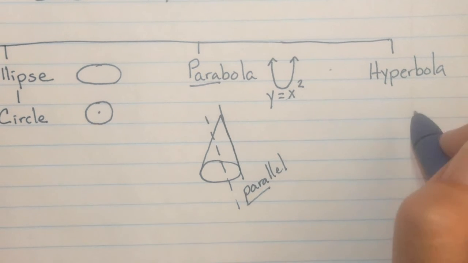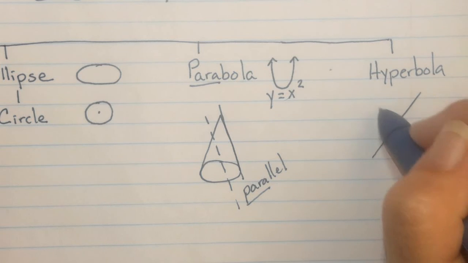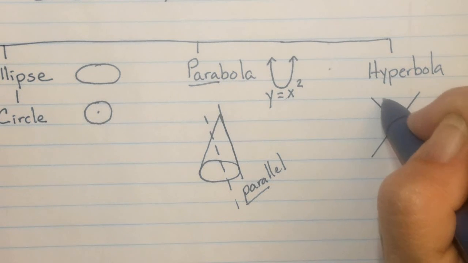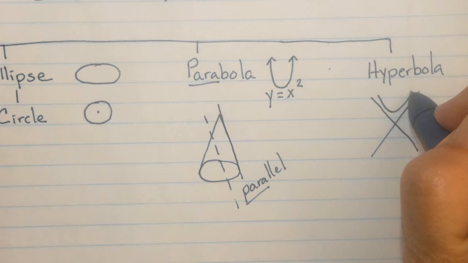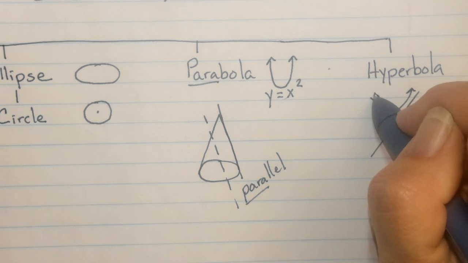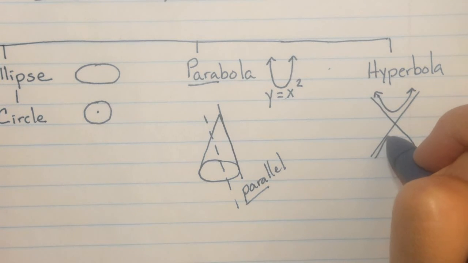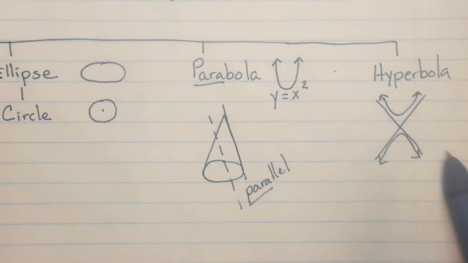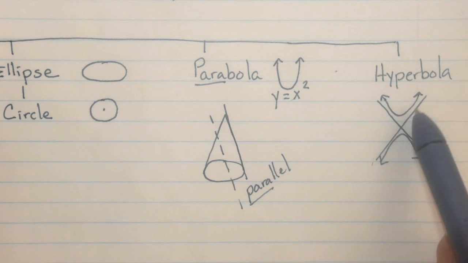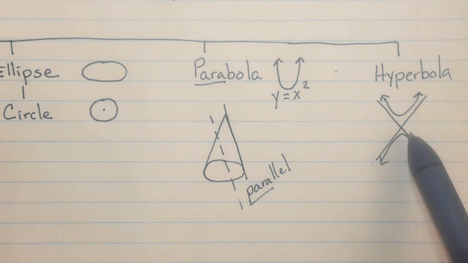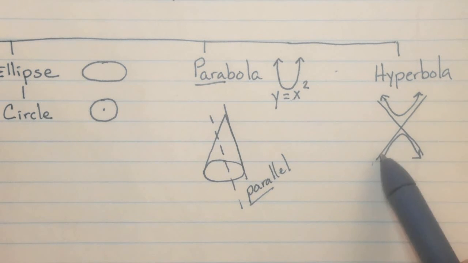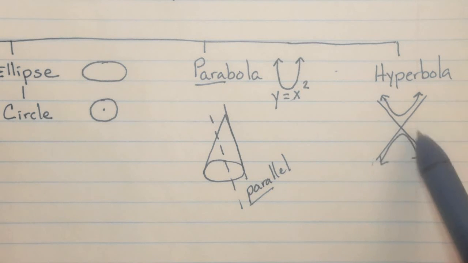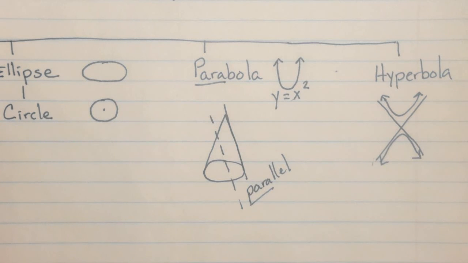And so your hyperbola is going to have two parts, and those two parts don't touch each other. But if you draw an X, your hyperbola is asymptotic, it approaches the sides of the X like that. So a hyperbola always has two pieces to it.